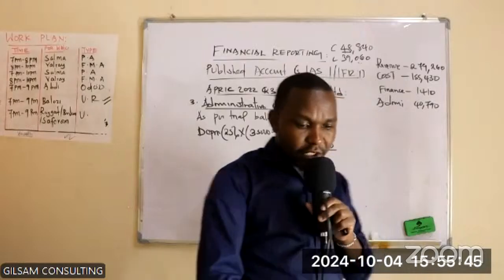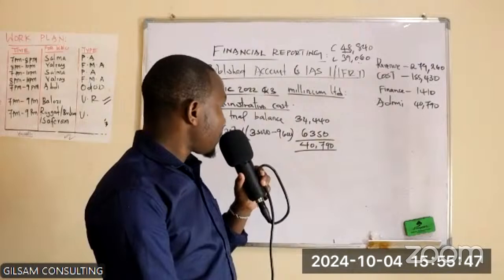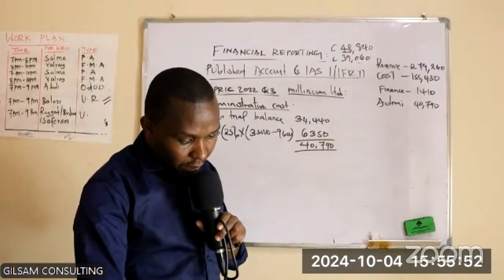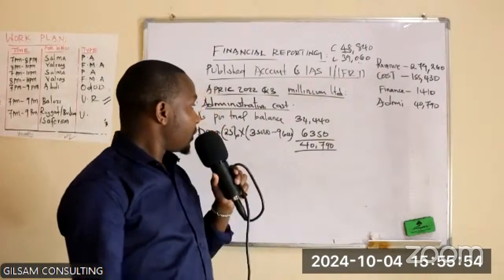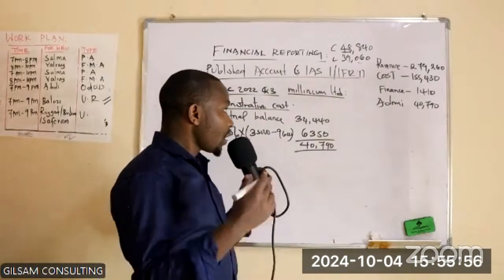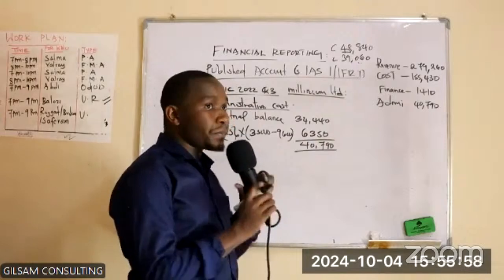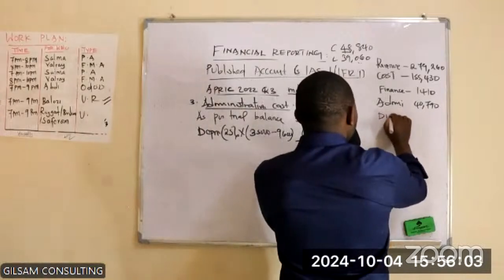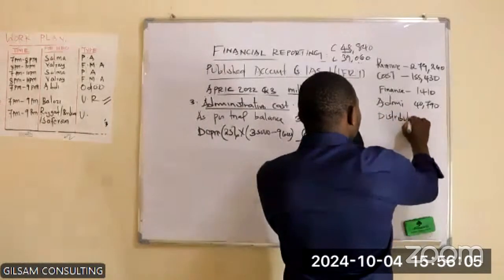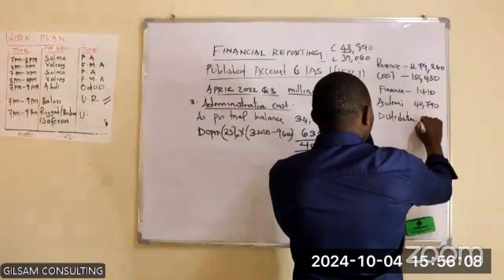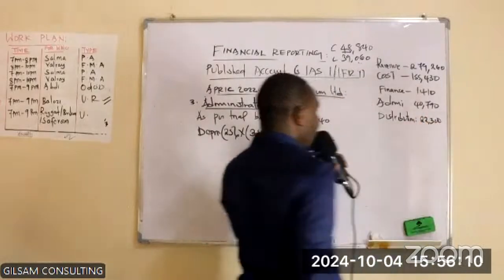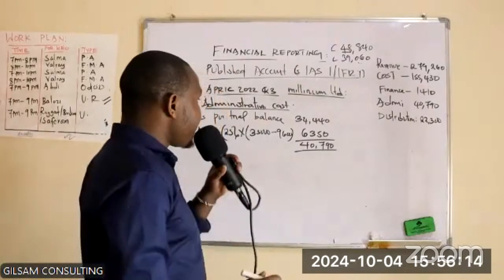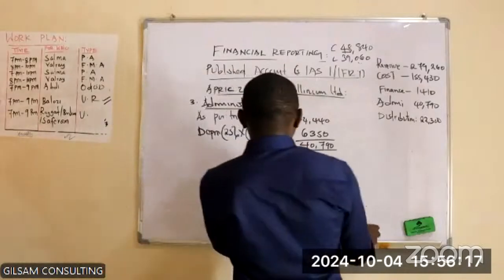So we don't have a note affecting the distribution cost. I can see distribution cost of 22,300. So what else is remaining from our format?